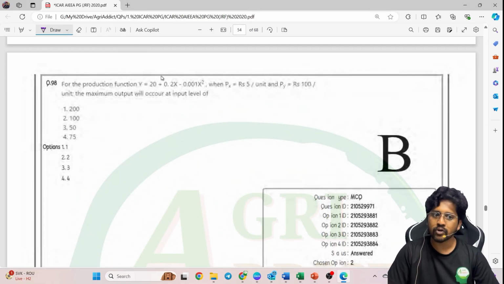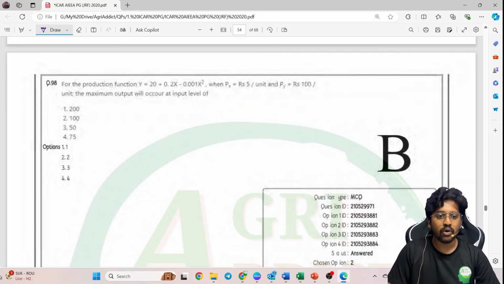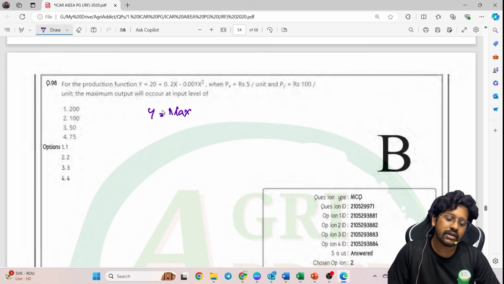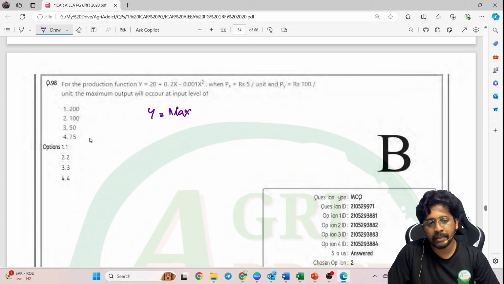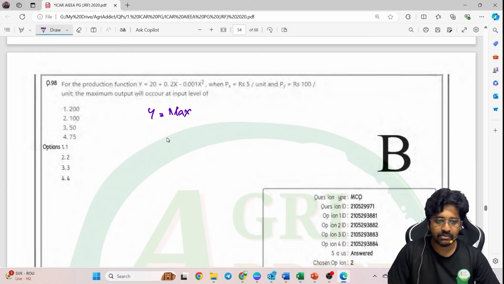Here y is the output, x is the input, and the question asks at what input level the maximum output will occur, right? So here y should be maximum. What is the condition for y to be maximum? The first derivative should be 0, right? If the first derivative of the function is 0, we can say that the function is maximum, right?